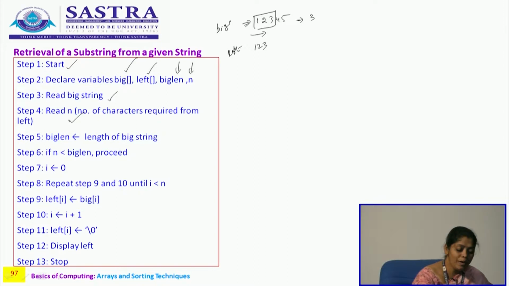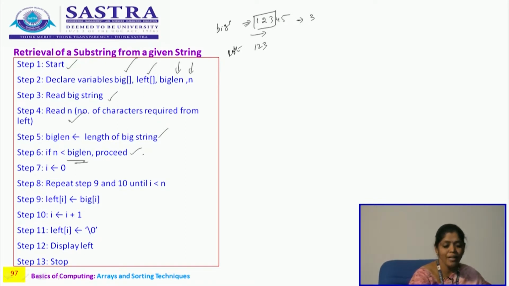and then you calculate the length of the big string either by using built-in functions or else you can write your own notations for that. First you find the length of the big string and store it in big length. Then if n is less than big length, only then we can proceed.